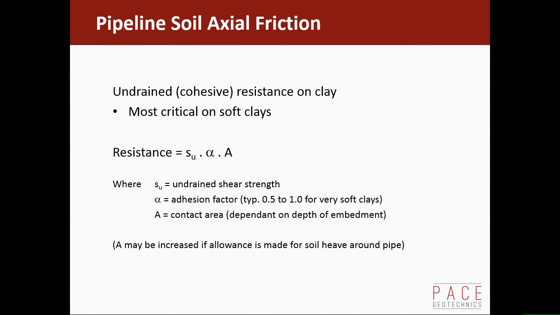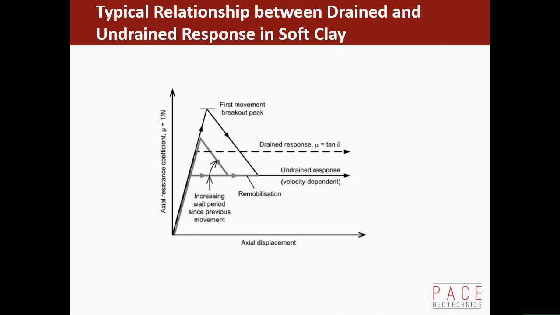Okay, you happy? I don't want to get too bogged down in detail, but it's important that you're aware that clays can behave in both a drained and undrained response. Drained being a longer term resistance to movement.